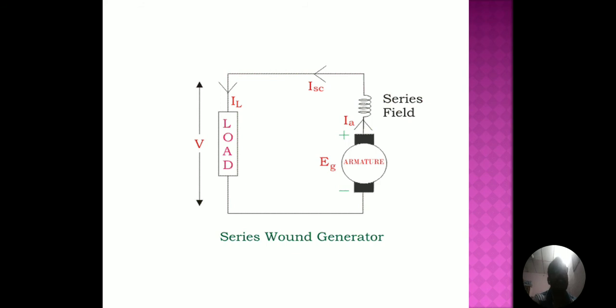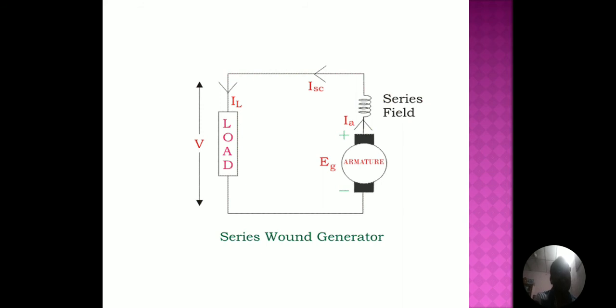Here we can see the series circuit diagram of the DC generator. Here all the three parts are connected in series, that is armature, field winding, and load. The current flowing from the armature is IA, which flows through the series field winding.